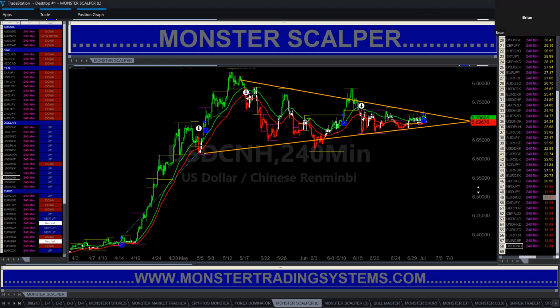If you just look at those phases and try to match them up with these different pairs, you will see it, and these pairs will start jumping out at you when they're in distribution phase or accumulation phase. And then you won't be so shook up on what to do or which way to go. You could just be patient and wait for this thing to move, and then you move. You move and it moves, but you're anticipating the move as well.